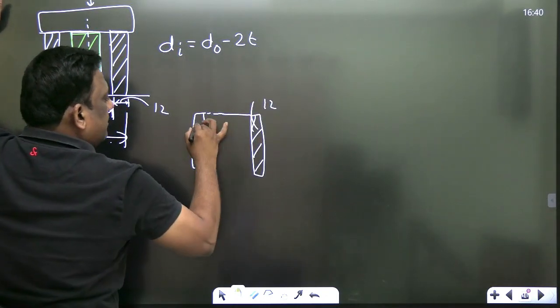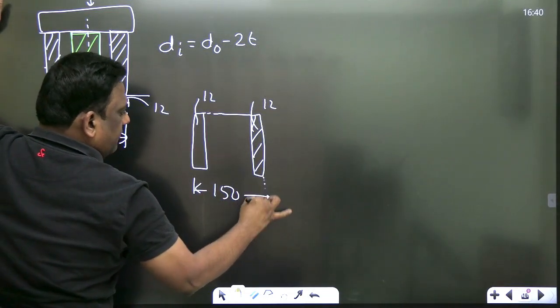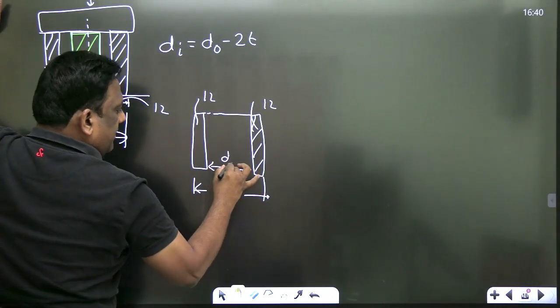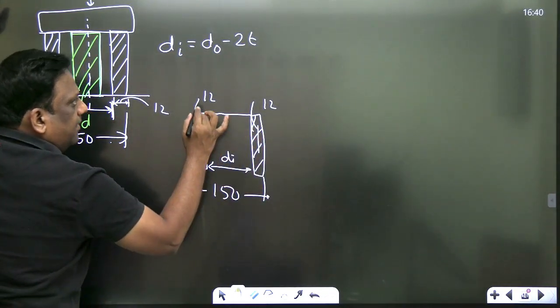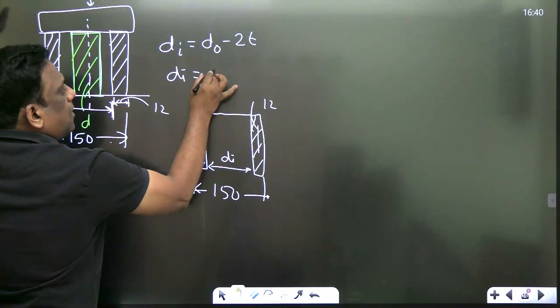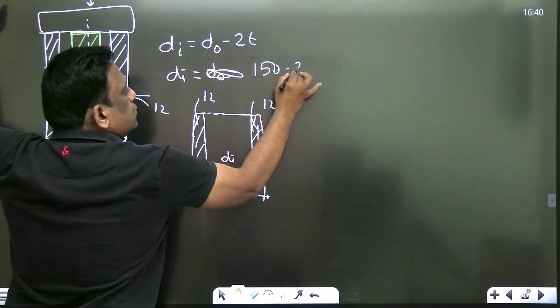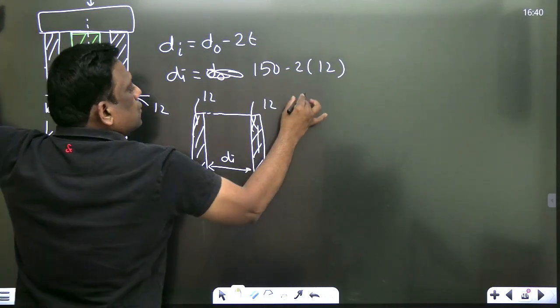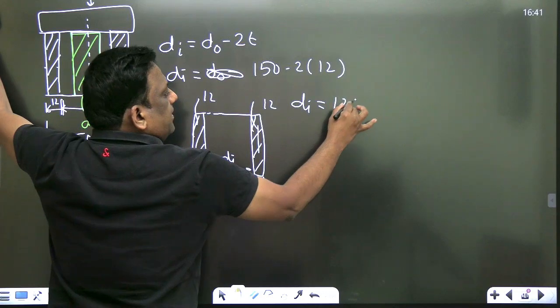This thickness is 12, this thickness is 12, and the outer diameter is 150. So if the outer is 150, what will be the inner diameter? Inner diameter is equal to outer diameter 150 minus 2 times the thickness, which is 12. So 2 times 12 is 24, and 150 minus 24 is 126 mm.